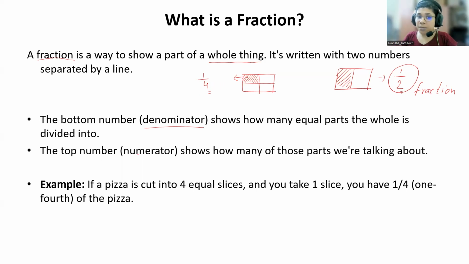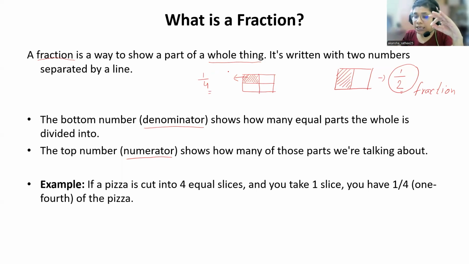The top number is known as the numerator. It shows how many of those parts we are talking about. So in total you had four parts, but we are interested in only one. So that you have to write in the numerator, above the line.